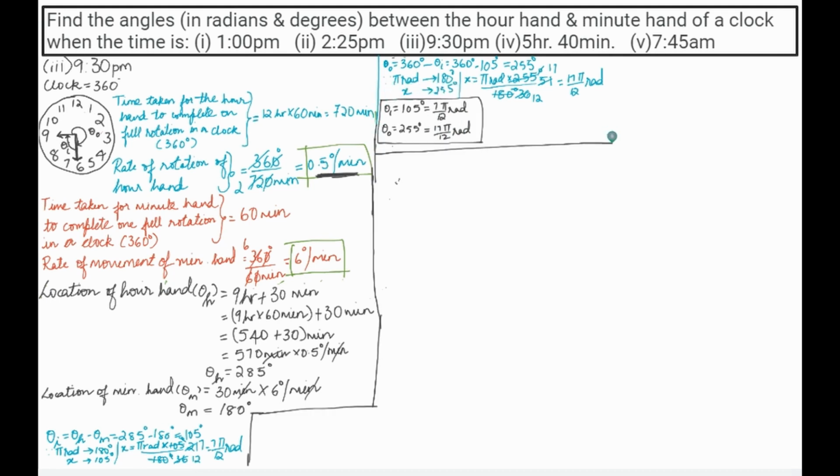Fourth, the time given here is 5 hours 40 minutes. Since we have found out the rate of rotation of our hour hand and the rate of rotation of our minute hand previously, that is 0.5 degrees per minute and 6 degrees per minute, we can directly find the location of the minute hand and hour hand and find the inner angle and outer angle. So before that, mark the time in our clock, that is 5 hours and 40 minutes.